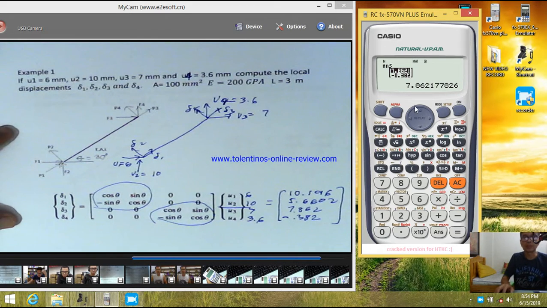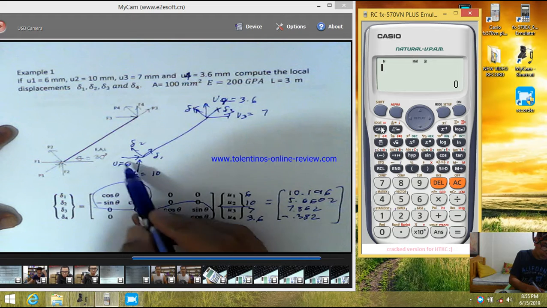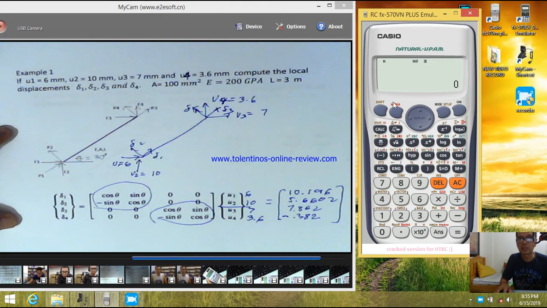I'll show you a technique to make this faster. For the 6 and 10, just use the polar.